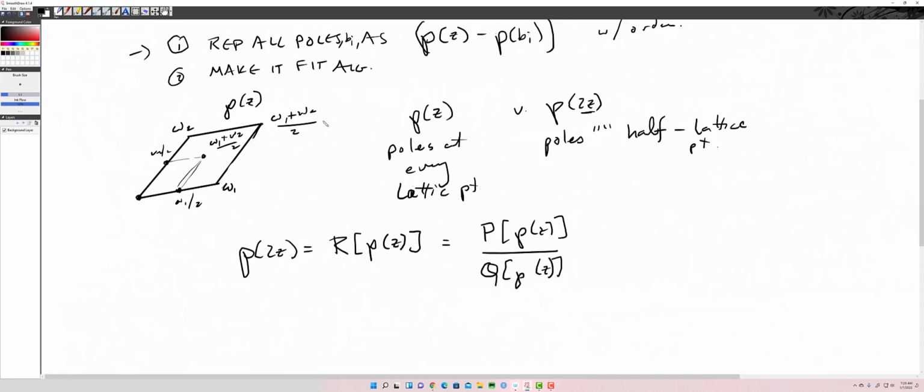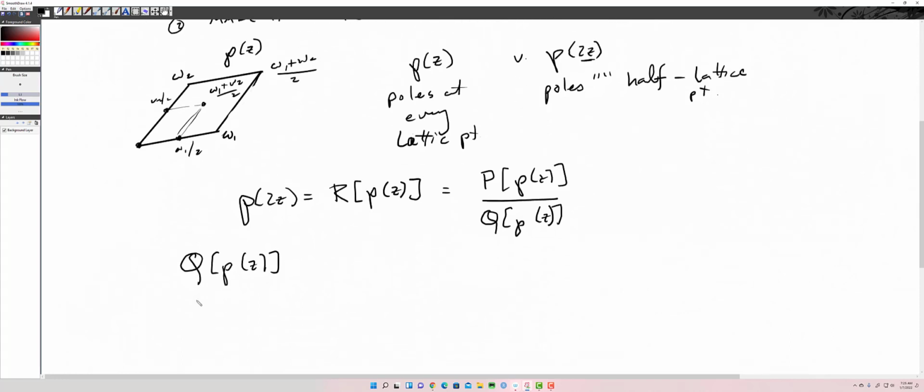And what we're talking about first with the poles is the denominator, specifically Q of P of z. All I need to do with this Q of P of z is just hit all the poles. And so I'm going to start by doing something like this.